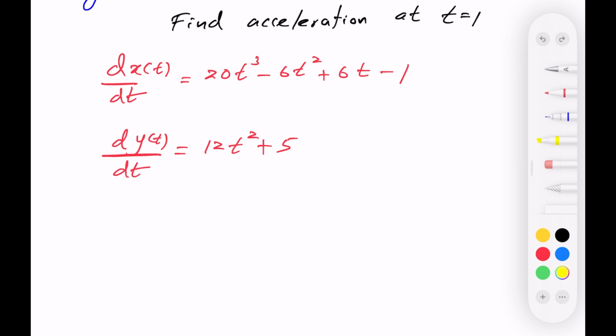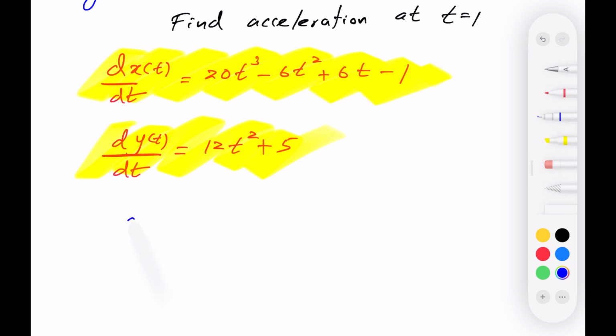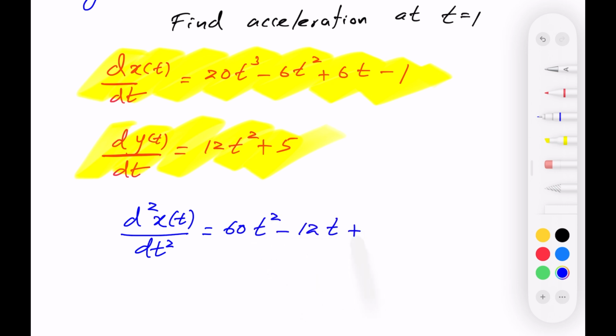In order to find the acceleration, I need to differentiate each of these two first derivatives one more time with respect to t. When I do so, I get d squared x(t) over dt squared to be equal to 60t squared minus 12t plus 6.